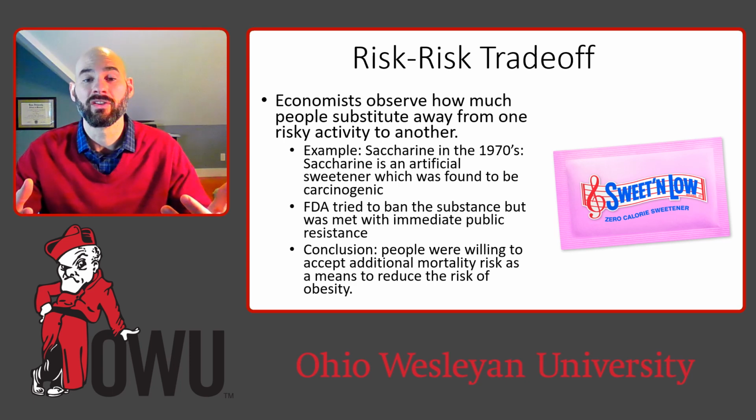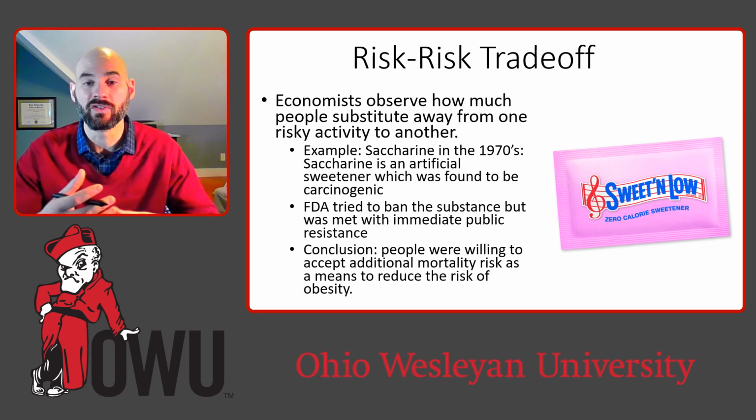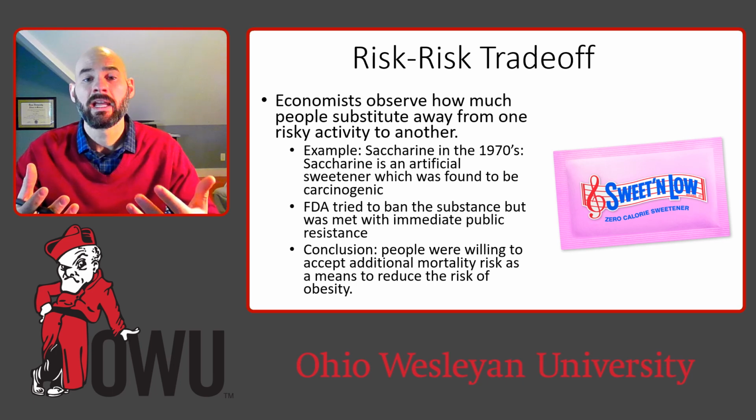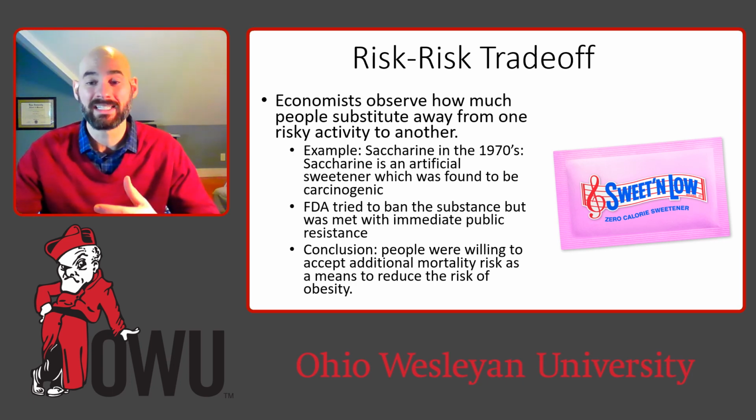And for example, we can look at saccharin in the 1970s, which is found in artificial sweeteners, and was found to be carcinogenic, so causes cancer. So the FDA tried to ban the substance, but was met with immediate public resistance. And the conclusion ended up becoming that people were willing to accept the additional mortality risk of cancer as a way to reduce the risk of obesity.